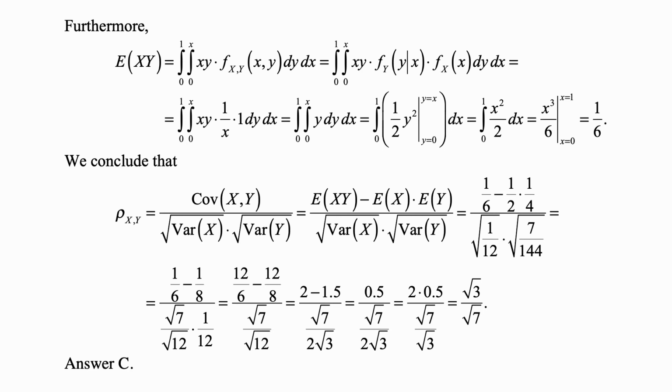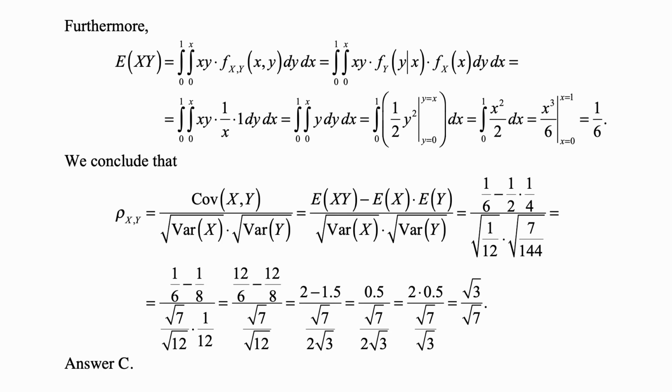Well, okay. x cancels, so this just becomes the integral from 0 to 1 of the integral from 0 to x of y dy dx. That's the integral from 0 to 1 of 1/2 y squared evaluated from 0 to x, dx. So the integral from 0 to 1 of x squared over 2 dx. That's x cubed over 6 evaluated from 0 to 1, and it's 1/6.